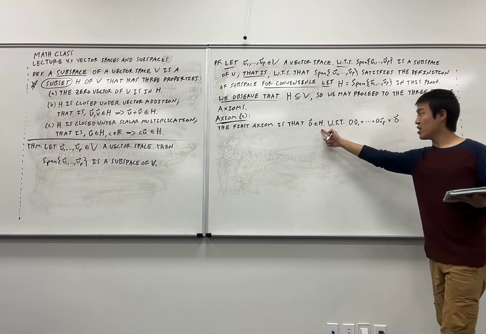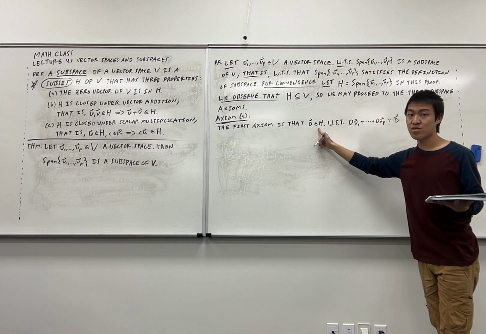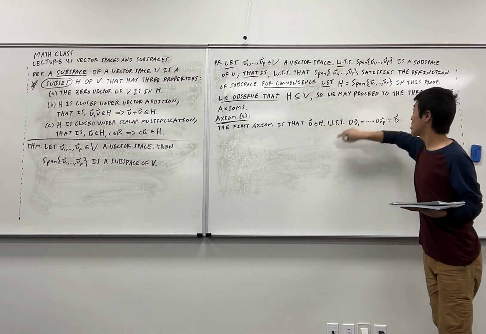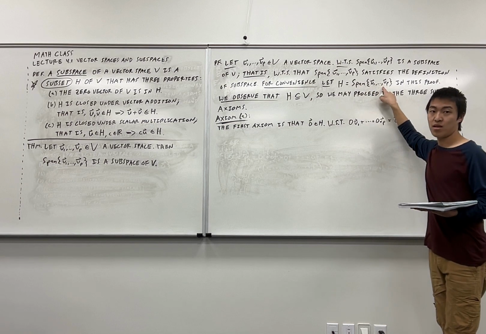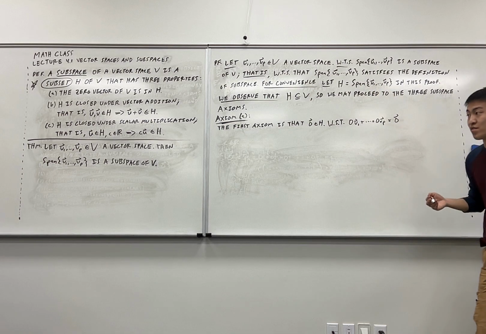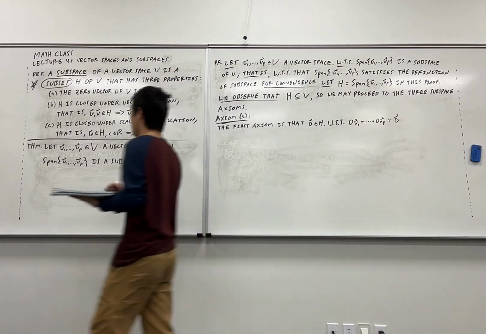Well, because remember, every single time you see an H, I basically shortcutted writing out the entire span of V1 through Vp. And if we recall what the definition of span is, I'm going to put it over here.